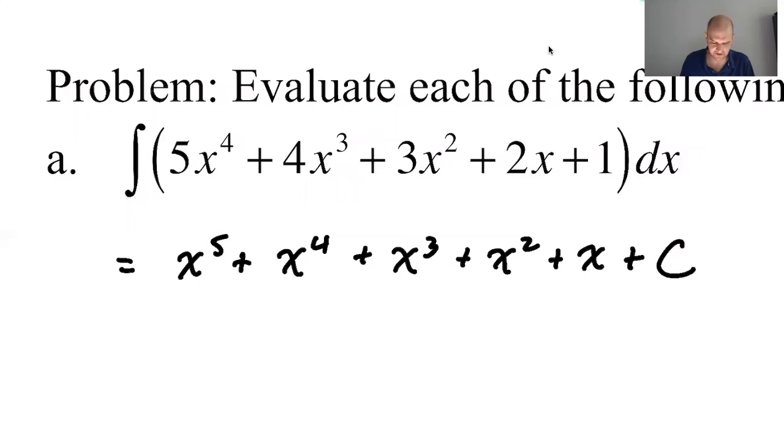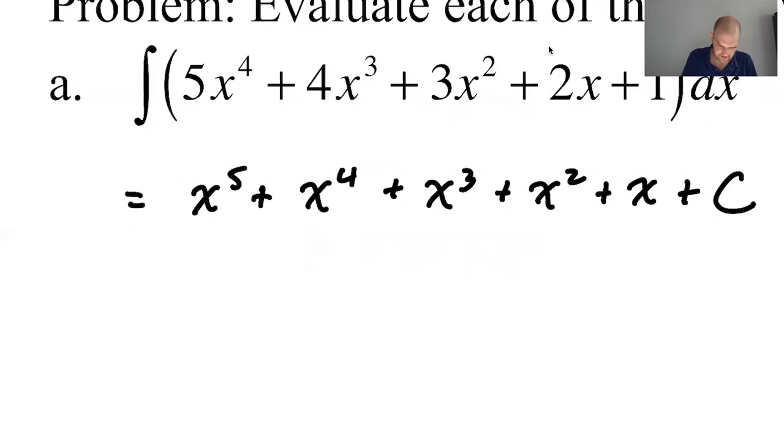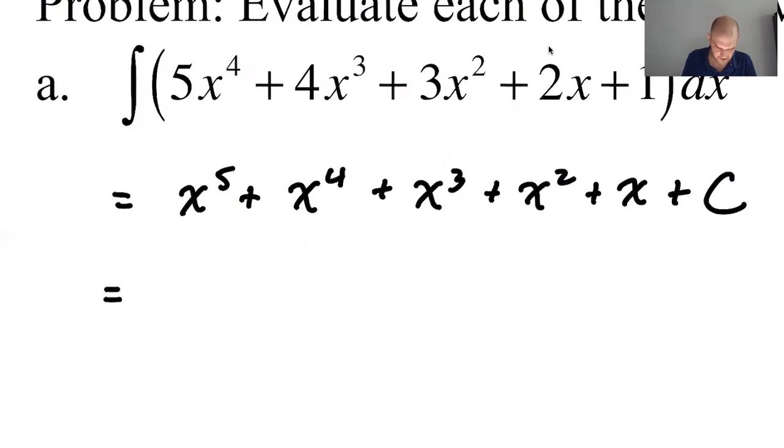Now, what happened here? In each case, we went from 5, and then this became 5. But that's not necessarily really what happened. What really happened, and I'm going to show weirder work this time, is that we had 5, and then I multiplied by 1/5, and then x to the 4 plus 1.